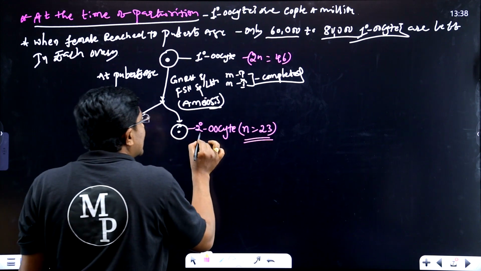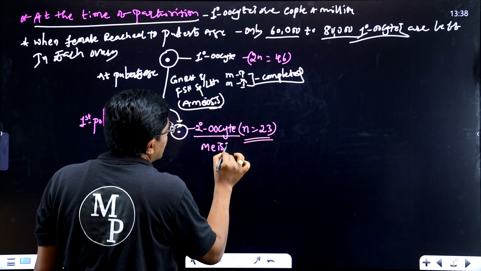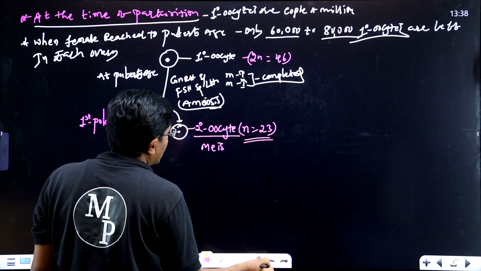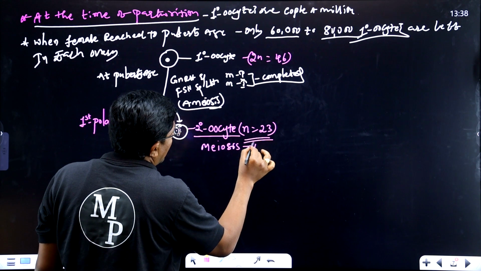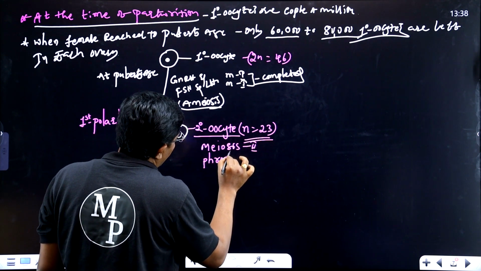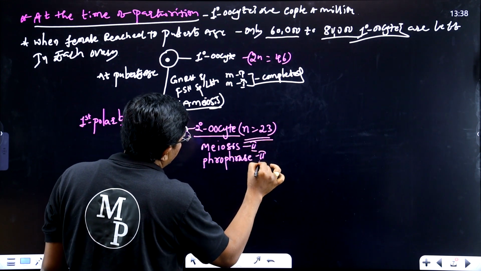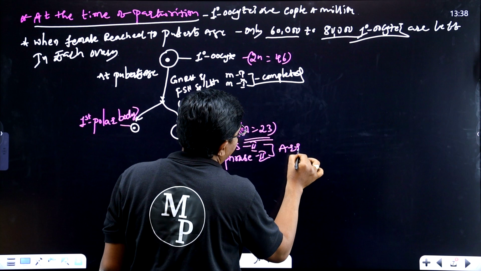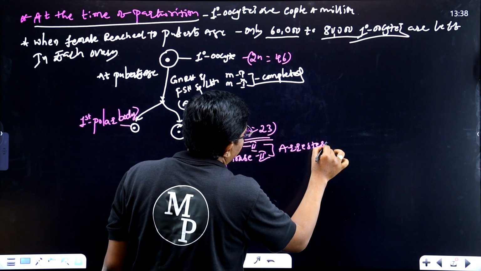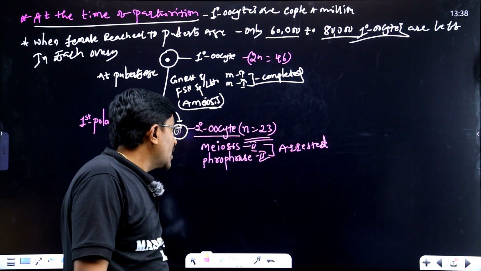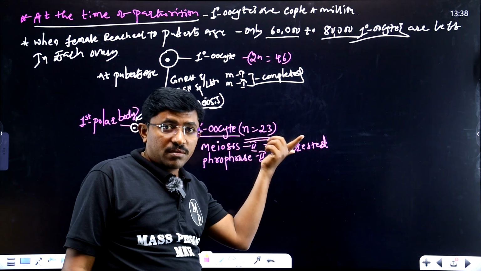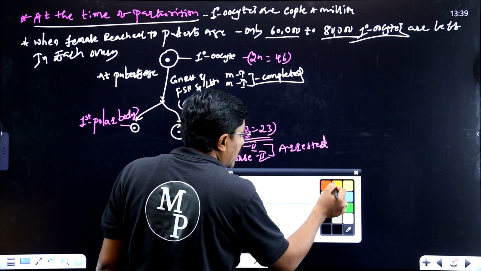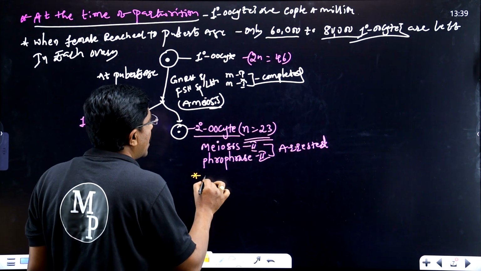Again, within the secondary oocyte, meiosis 2 and prophase 2 are temporarily arrested.